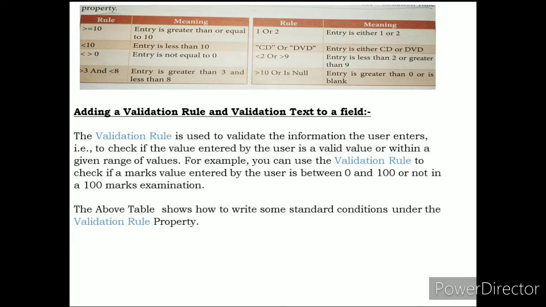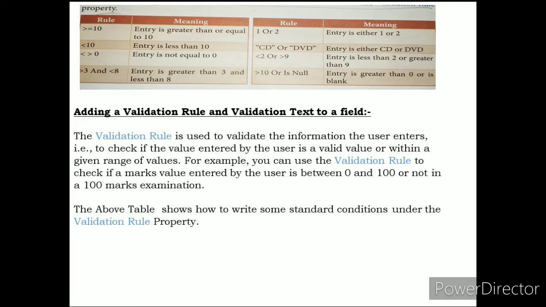For example, in an examination of 100 marks the user has to enter marks between 0 and 100, so we can check that the value entered is between 0 and 100. If it is not, then it will generate a message.